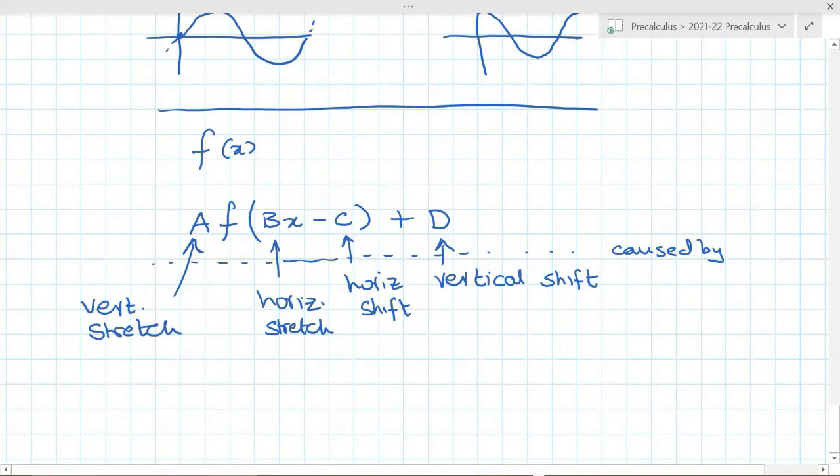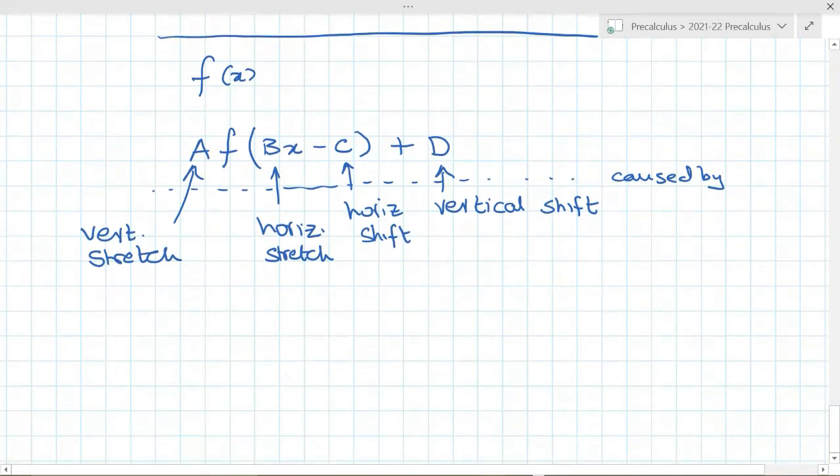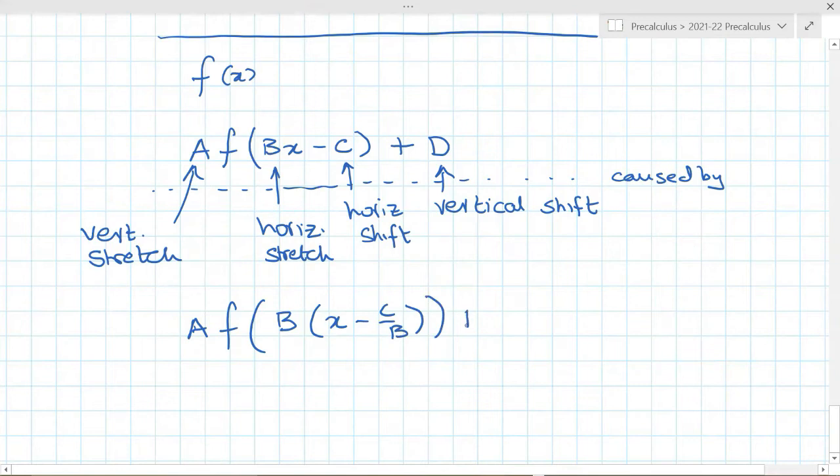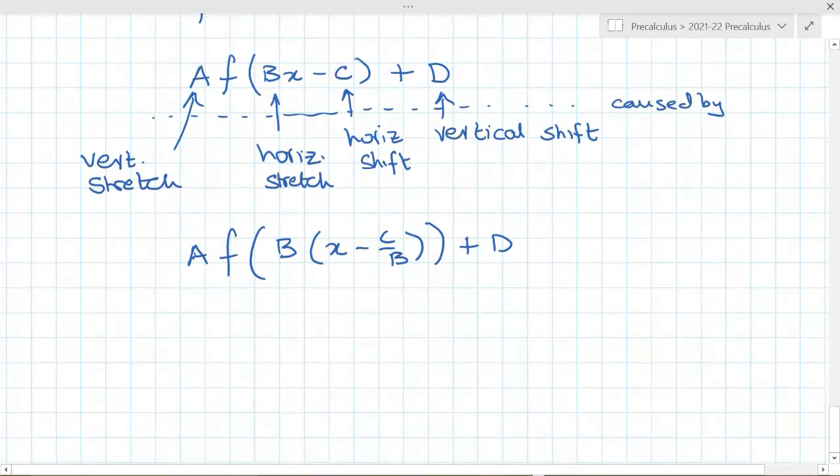Everything is kind of one-to-one except for the horizontal shift, because this is not x minus c, it is bx minus c. The shift is not c. The shift is given by x minus or x plus. So we have to factor out the b, and then it becomes x minus c over b, plus d. Now we get the horizontal shift.